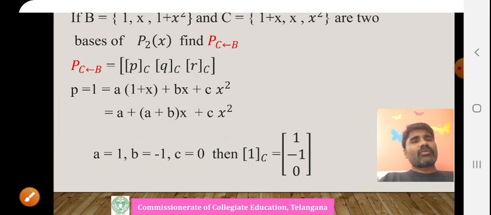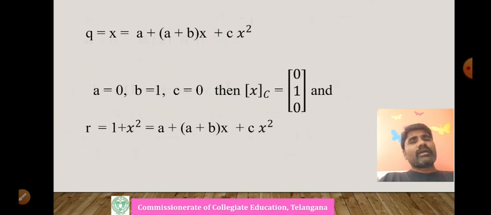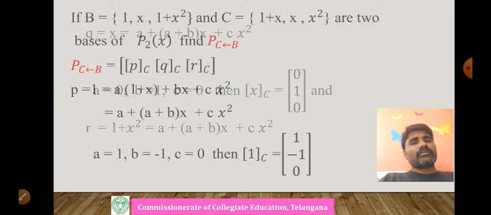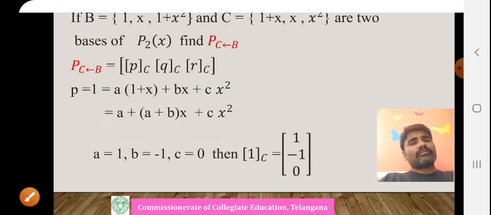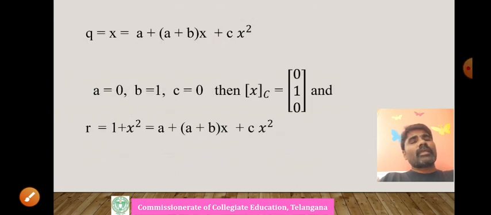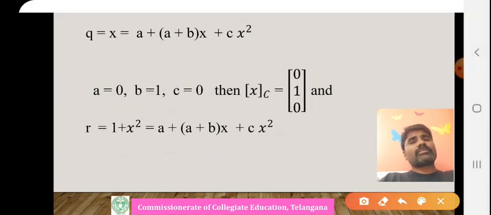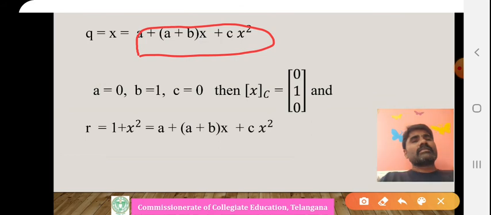Similarly, we can find the coordinate vector of x with respect to the basis C. Another element in B is x. We represent it as x equals the same expression on the right hand side, a plus bx, which cannot change, a linear combination of elements of C. That's why a(1 plus x) plus bx plus cx square.